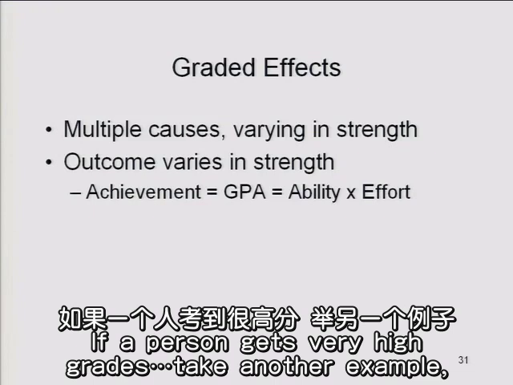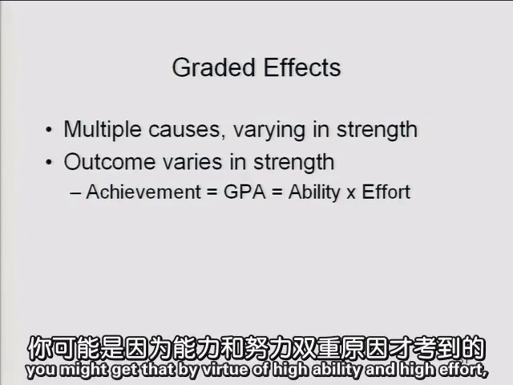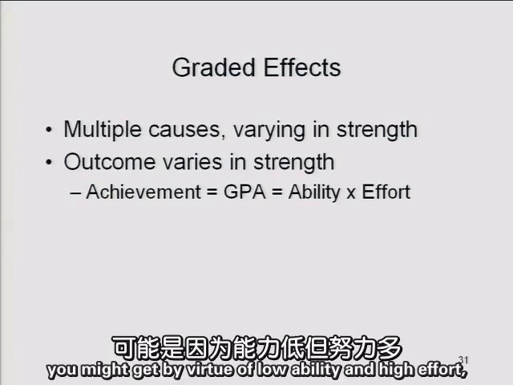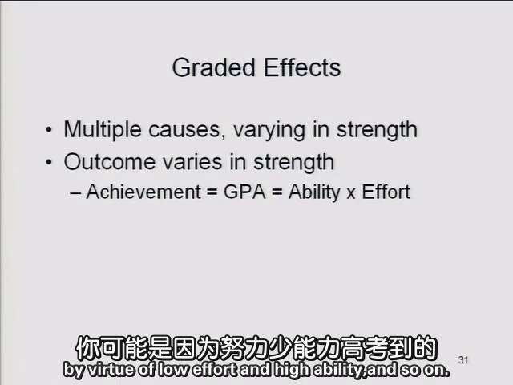If a person gets very high grades, take another example, a grade of A might be sufficient, but you might get that by virtue of high ability and high effort. A grade of B you might get by virtue of low ability and high effort. You might get the same grade by virtue of low effort and high ability and so on.